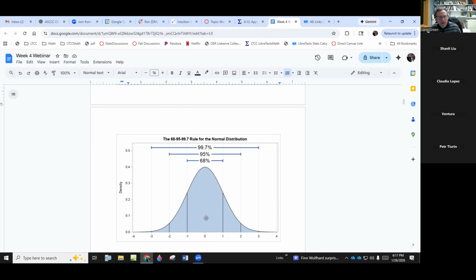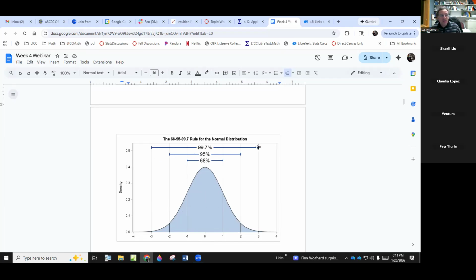And then we had the empirical rule, which says that 68% of the area under the curve lies between -1 and 1. 95% lies between -2 and 2.